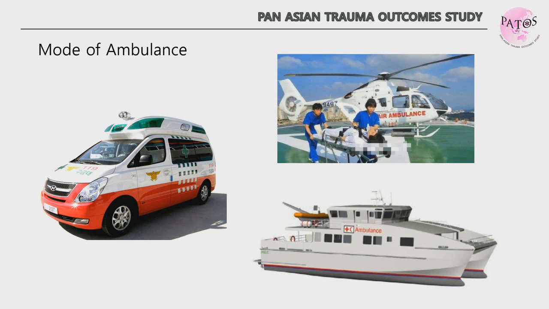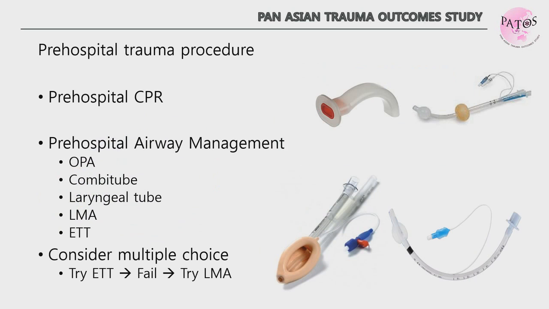About mode of arrival, the most widely known type of arrival is ground ambulance, which means that a patient was transported by car. But depending on the geographical and other circumstances, a patient can also be transported by air, such as helicopter or airplane, or also by ship. For pre-hospital trauma care, we need to know whether or not CPR was performed before arrival at the hospital.